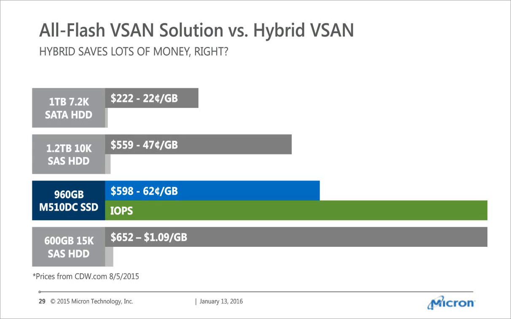It's kind of hard to see, but in this graph, when you look at our M510 DC here, that green line is the IOPS. I didn't highlight it, but that same line on all of these is just negligible. So we're looking at the 7,200. Again, the only reason you would do that is for pure capacity. You can't get any performance out of that.